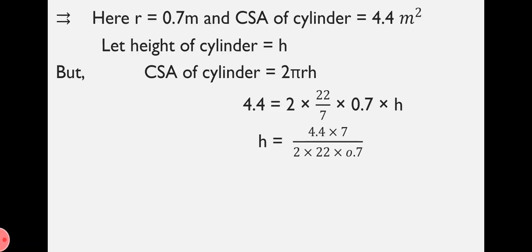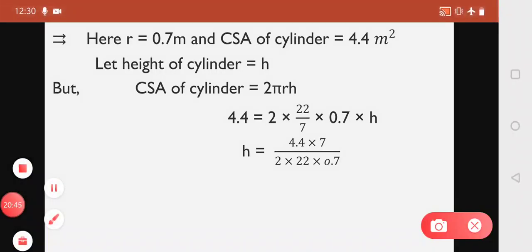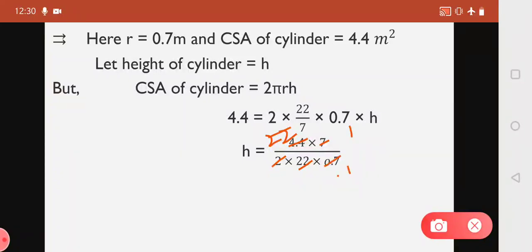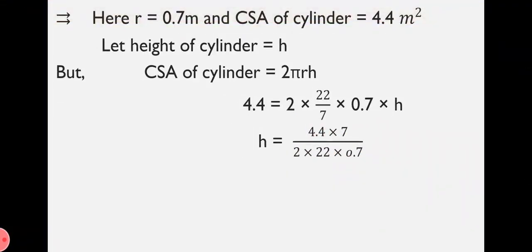Again you can see that we can cut many things. Here you can cut 2 ones are 2 and 2 22s are 44. Again this 22 and 22 will be cut. Here 7 ones are 7 and here 0.1 will come. That is h equal to 1 meter, because here also 0.1 will be coming.